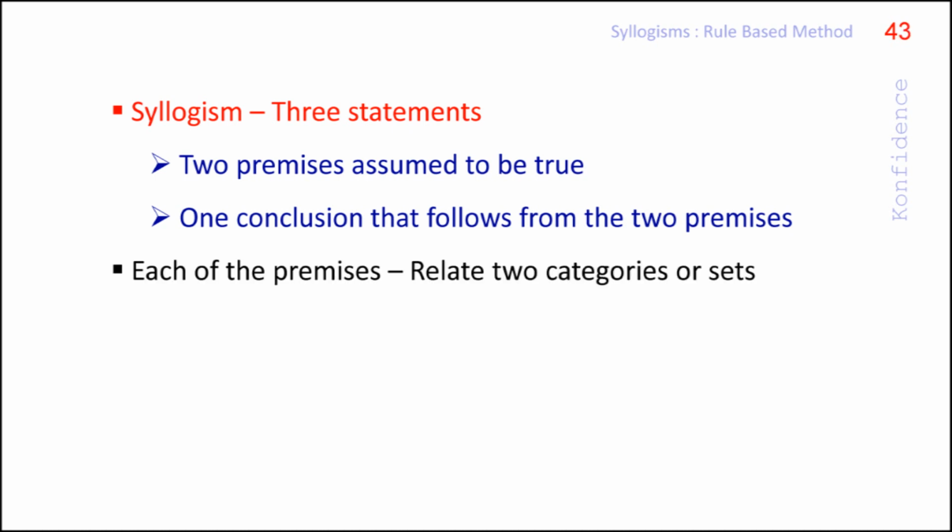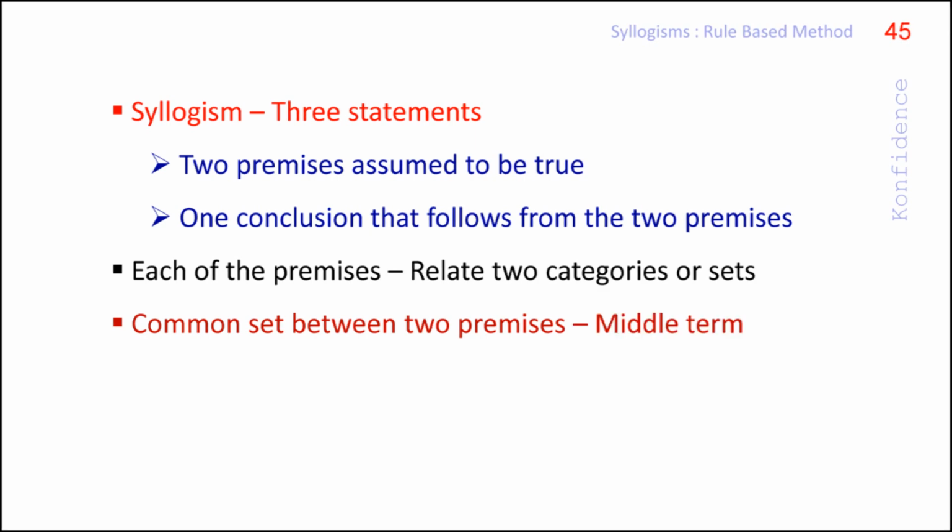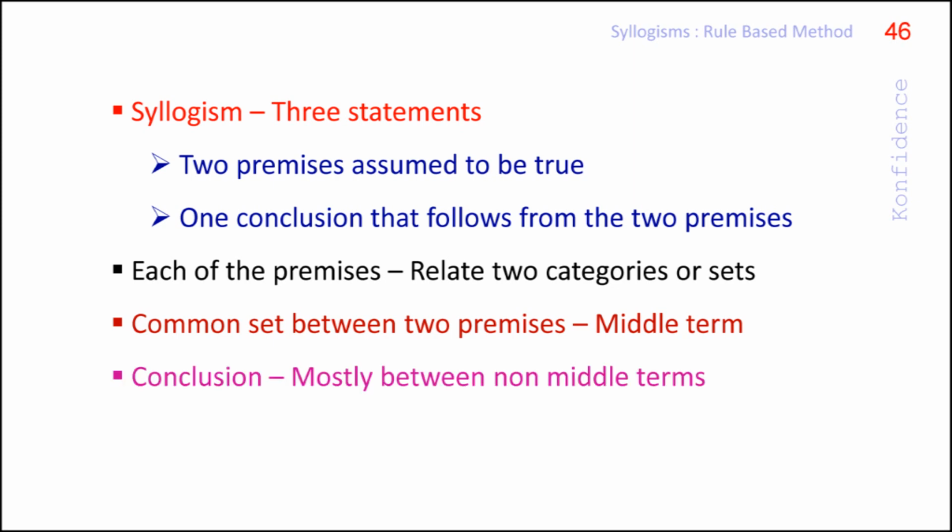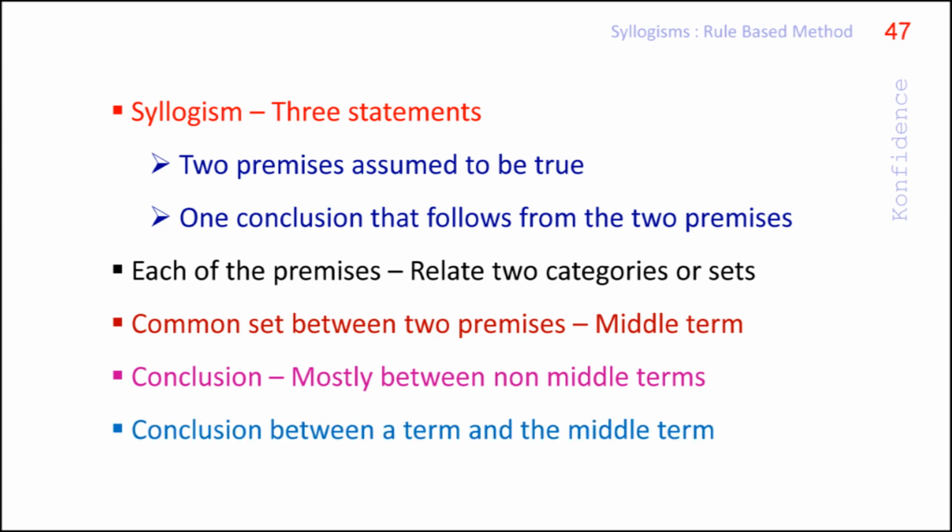Each of the premises will relate two categories or sets. Between the two premises, we would have a set that is common, which is known as the middle term. Conclusion will mostly be between the non-middle terms. Conclusion between a term and the middle term is also possible, although not very common.